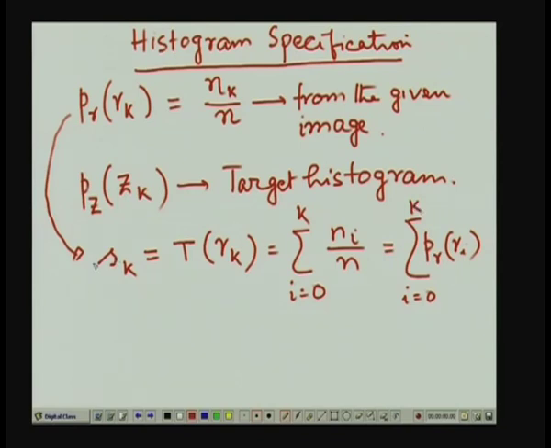This transformation function is computed from the histogram PR(Rk), which is obtained from the given image.